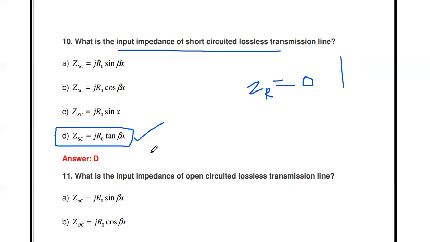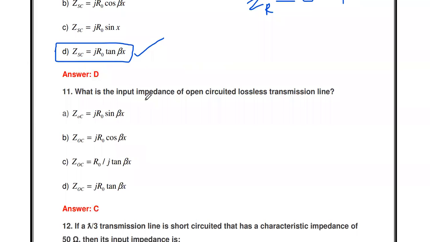Then the next question: what is the input impedance of an open circuited lossless transmission line? For an open circuited lossless transmission line, the load impedance is equal to infinity.